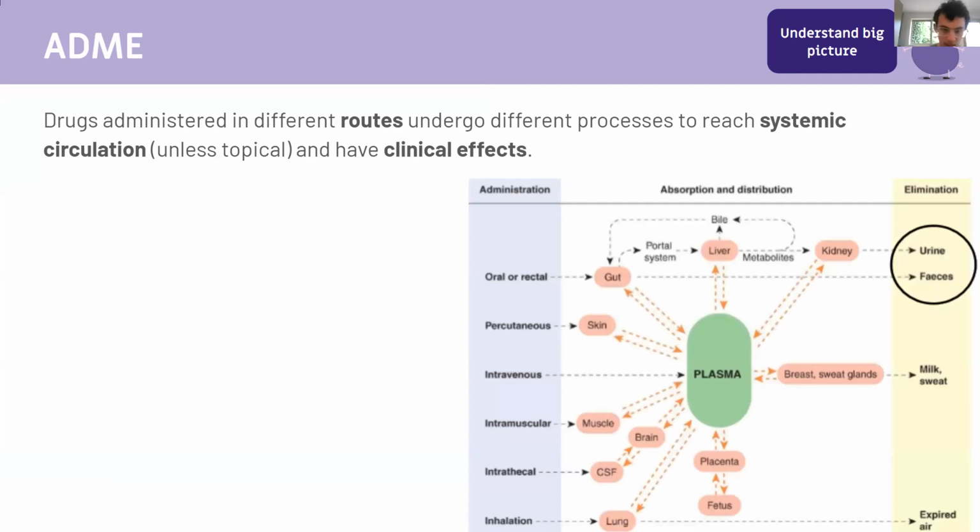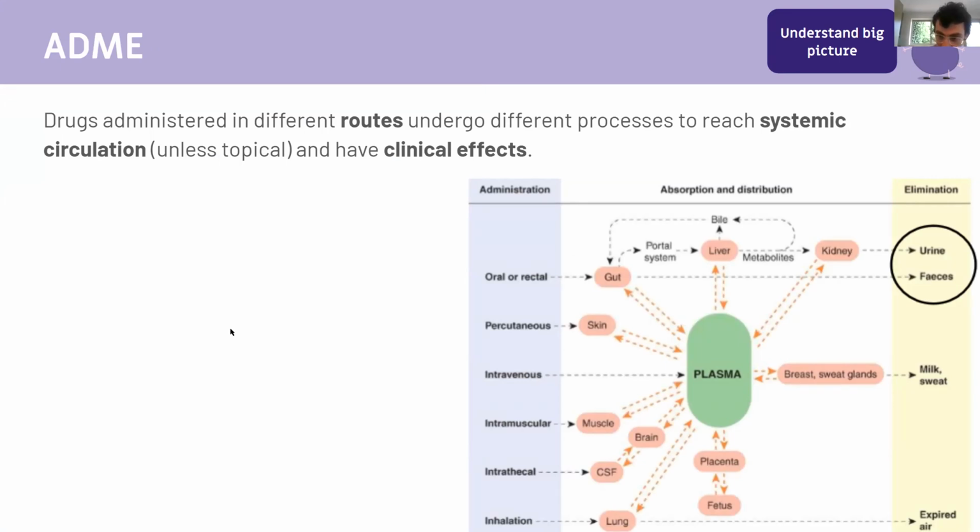This is a very nice diagram that also illustrates different routes the drugs can be administered. And often it's going to be processed until it eventually reaches the systemic circulation. Because in the systemic circulation, it can be taken all over the body and have systemic effects and act on a variety of organs.